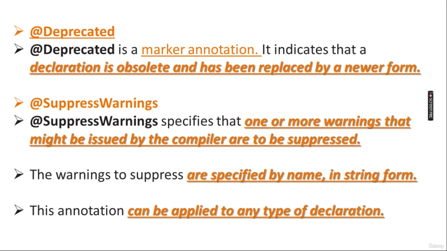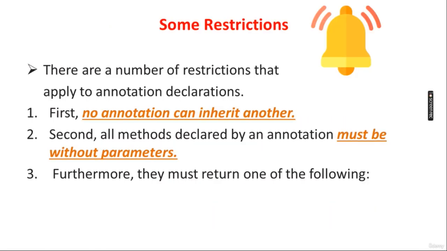The warnings can be for classes, constructors, fields, methods, inherited classes, enums, or anything you have in your program. So for all types of declarations, you can use the SuppressWarnings annotation.